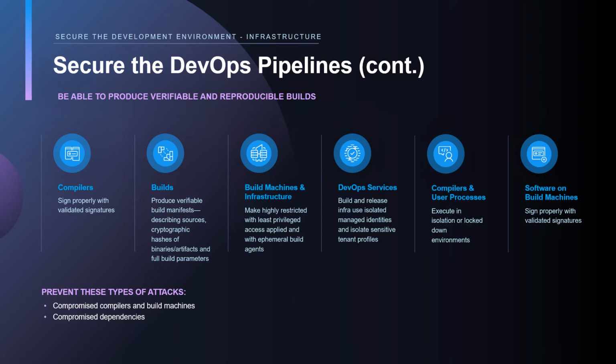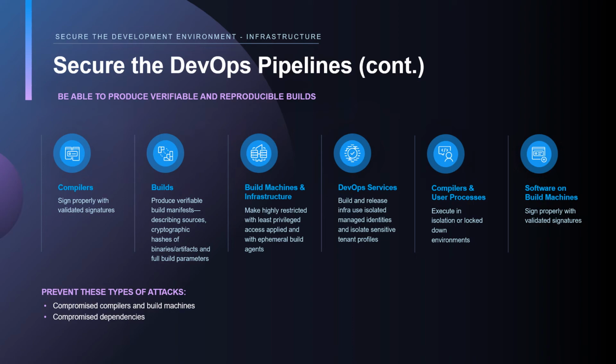For compilers, make sure that each compiler signs properly with validated signatures. For the build itself, make sure there are verifiable build manifests that describe sources, cryptographic hashes of binaries or artifacts, and full build parameters.